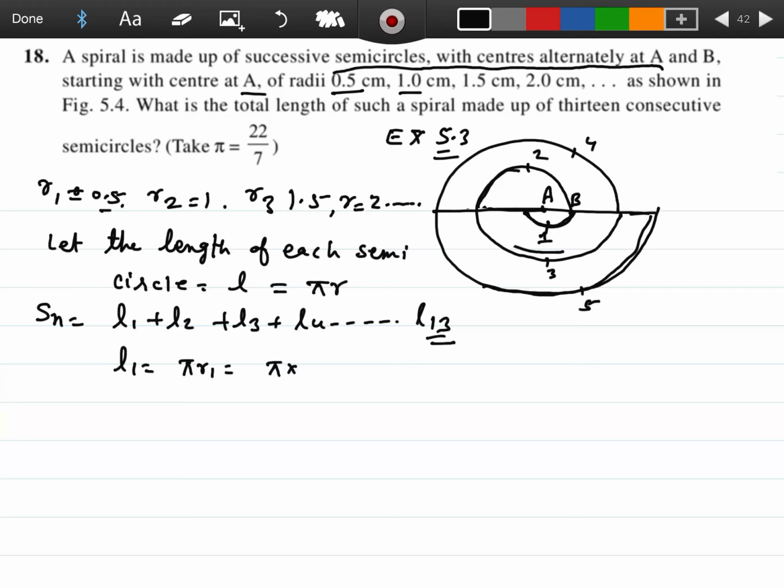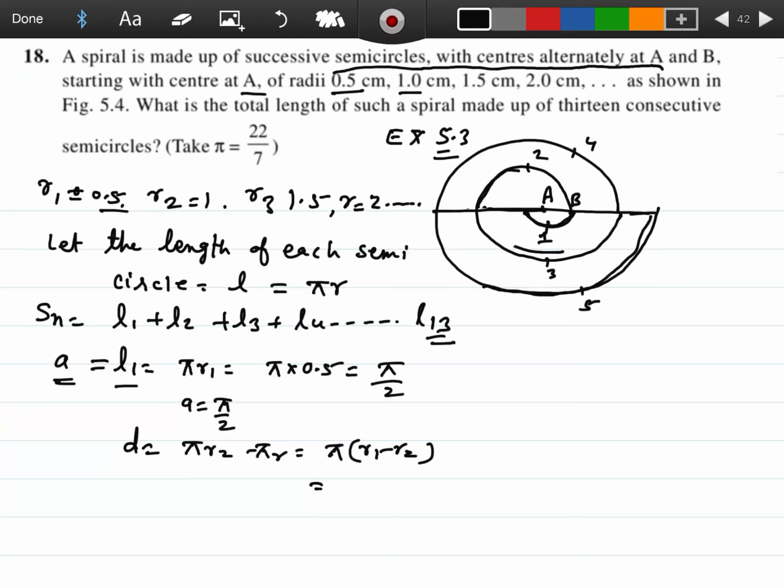Now what is L? L1 is equal to pi r1, where radius 1 is 0.5, so L1 is pi by 2. Similarly for D, L1 is the first term A, so A is equal to pi by 2.